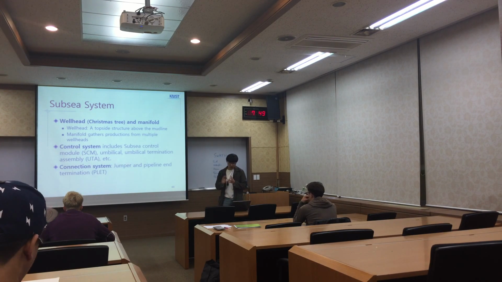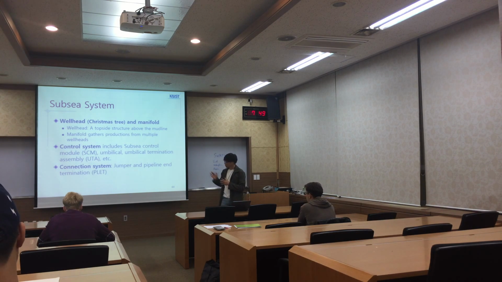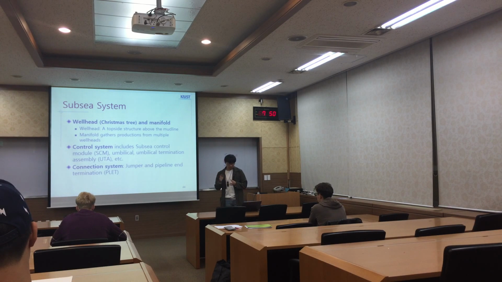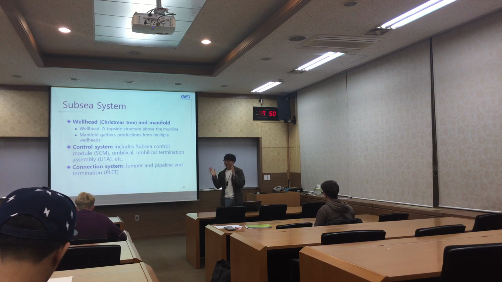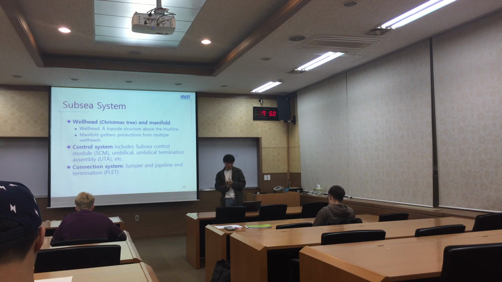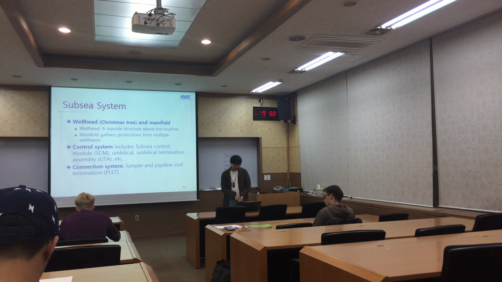Wellhead is an operation system for drilling oil. It is also called Christmas tree because it looks like a Christmas tree. There are many valves on the wellheads, and they look like a Christmas tree, so we also call them Christmas trees.